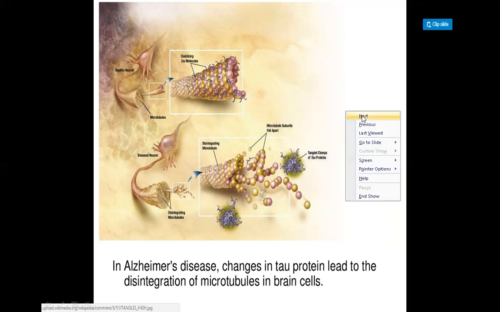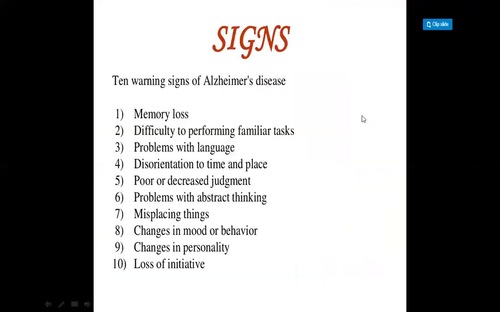Then what are the signs present in an Alzheimer's disease patient? There are 10 warning signs of Alzheimer's disease. The first sign is memory loss.